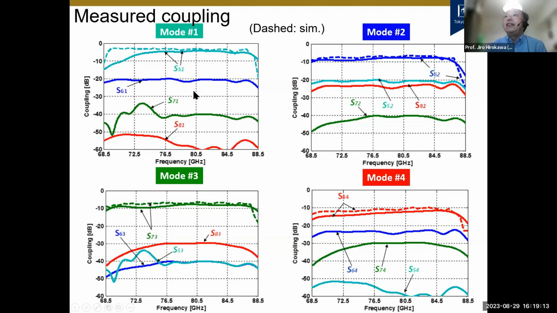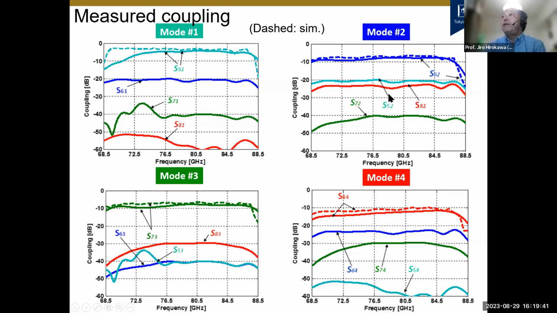In this case, we have only about 15 dB isolation. This isolation is slightly low because in this measurement we used beam alignment by hand. If you apply more accurate alignment, we can get better isolation.